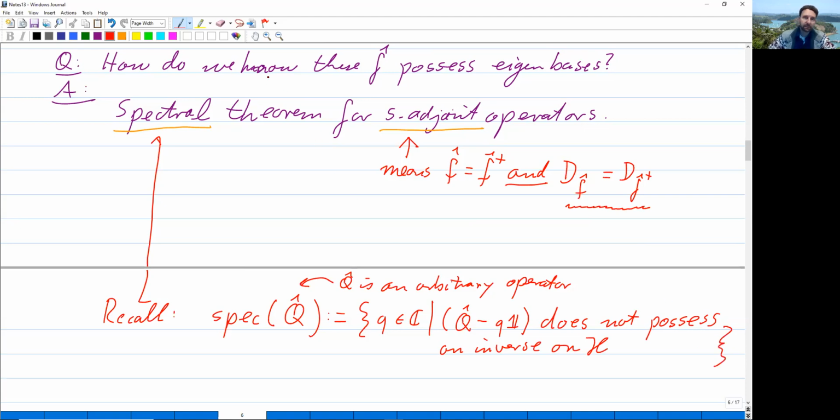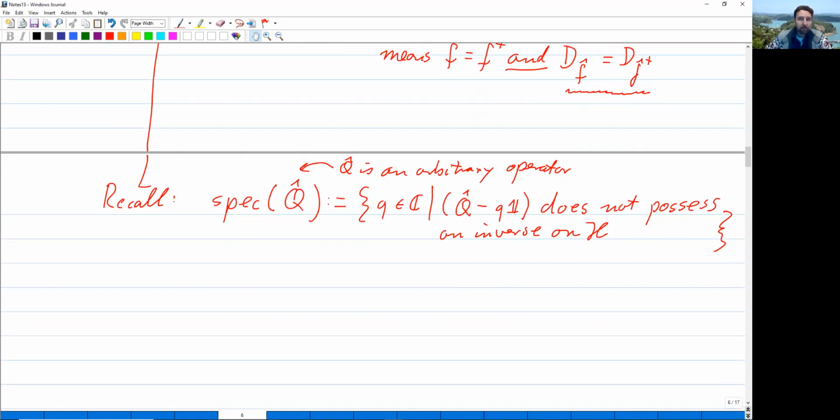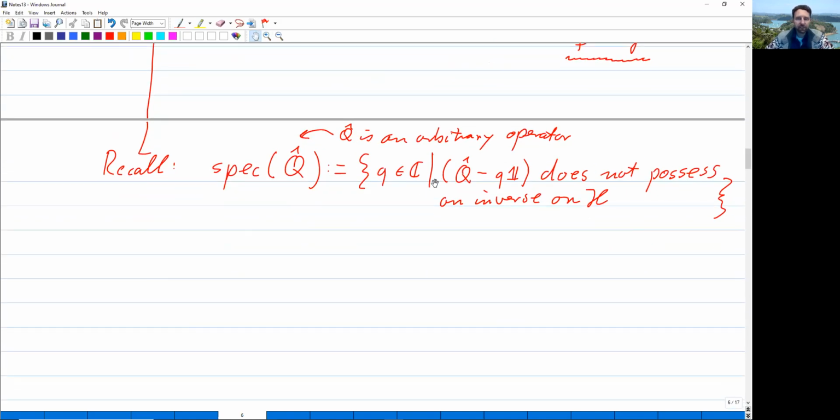This was the definition. And what was important about this is that this definition achieves something important. We can talk intuitively about what eigenvalues are without having to talk about eigenvectors in this way. That was the key, why this is a good definition.